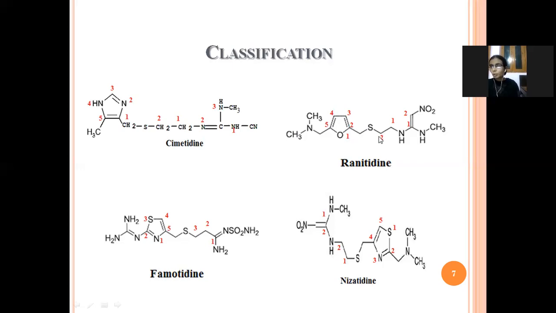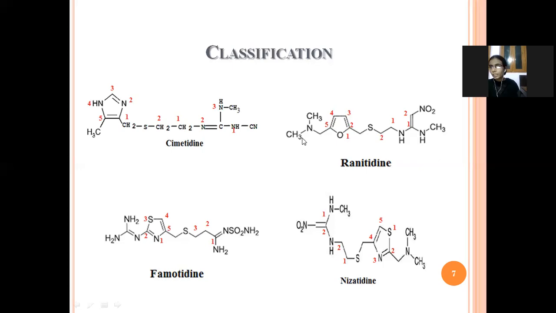Then 2 carbon atoms means ethylamino, and 2 carbon atoms again. In the second position a nitro group is attached, so it is 2-nitroethyl, and this is a methylamide. See here, this is a furan. In the fifth position dimethylamino, methyl, sulfur, ethylamino, 2-nitroethyl, and here the methylamide group is present.